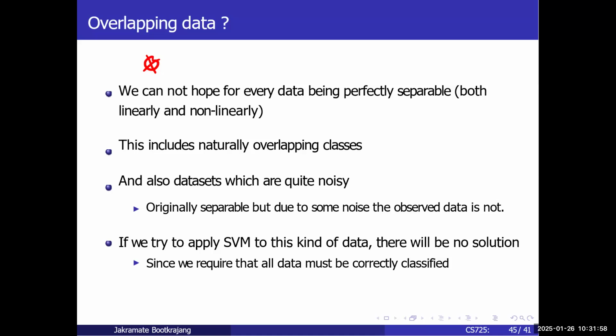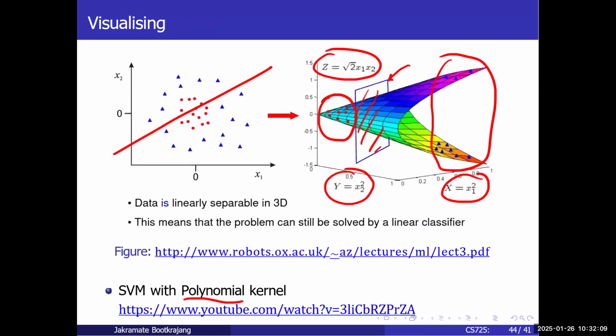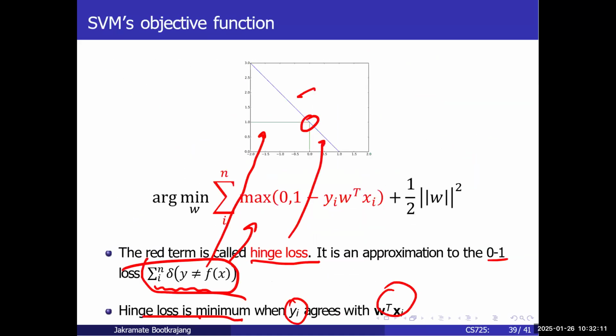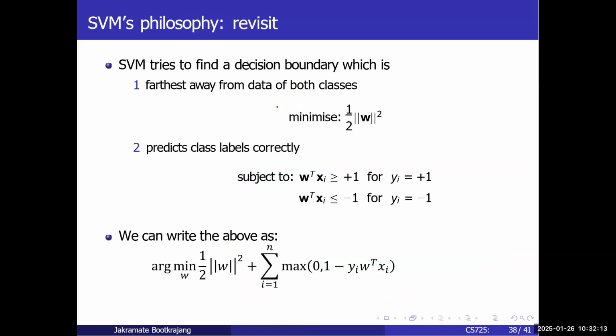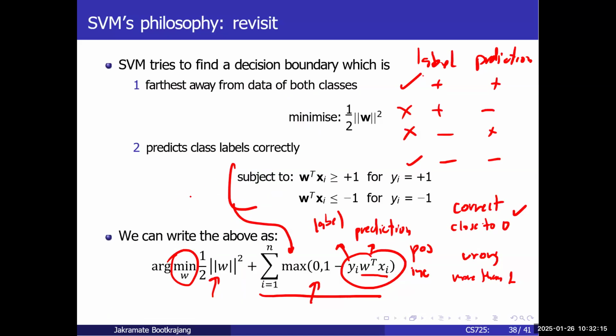So if they are in the same spot, we have no solution, right? Because in SVM, we want this constraint to be correct, right?